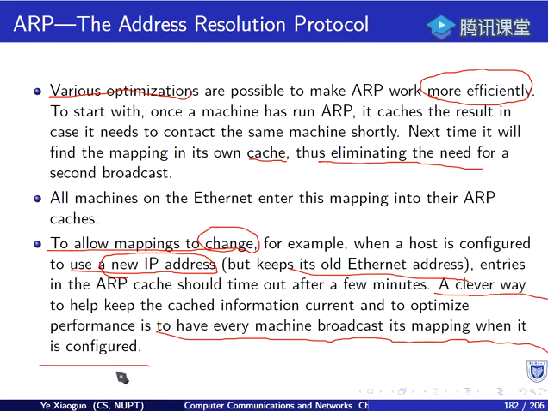This is the second optimization: every machine actively broadcasts its new mapping.